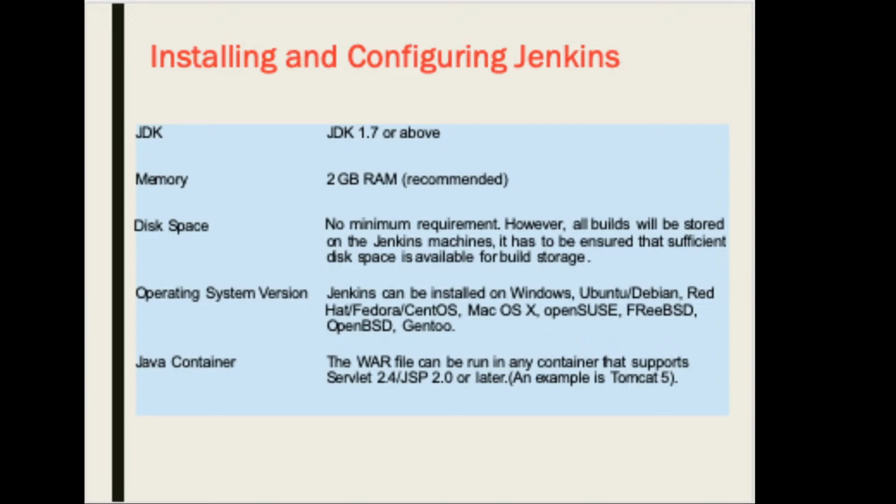The recommended memory is something like 2 GB RAM. There is no minimum requirement of disk space, but all builds will be stored on the Jenkins machine, so it is always better to have sufficient disk space available for build storage.